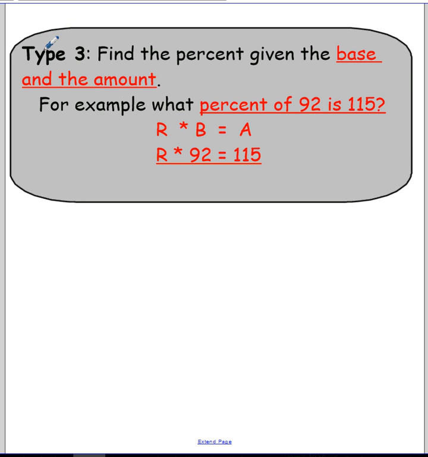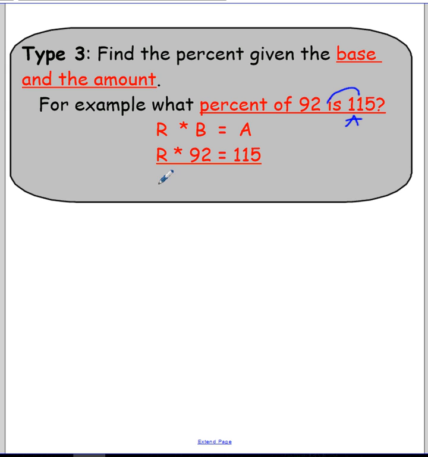And our last type has the percent as the unknown. Find the percent given the base and the amount. So what percent of 92 is 115? Again, "is" tells us that the 115 is our A value, and our percent is our unknown, so the R is left as the rate.